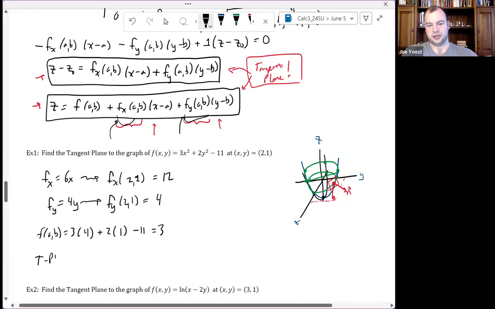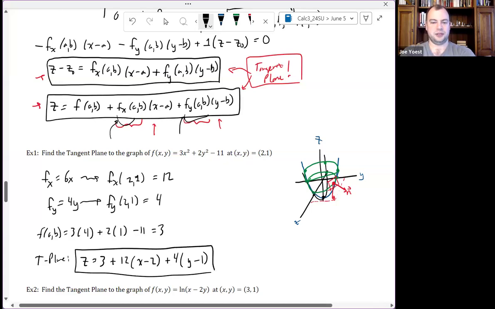So my tangent plane is z equals f of ab, or 3, plus df dx at the point 2, 1, which is 12, times x minus 2, plus df dy at the point of tangency, 4 times y minus 1.